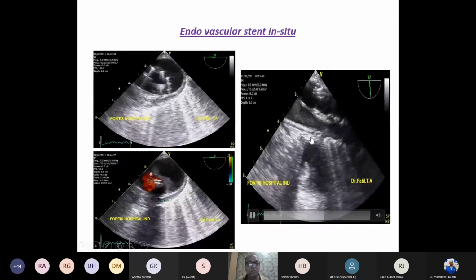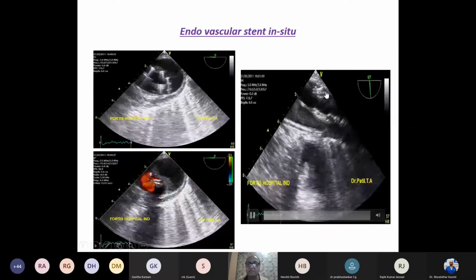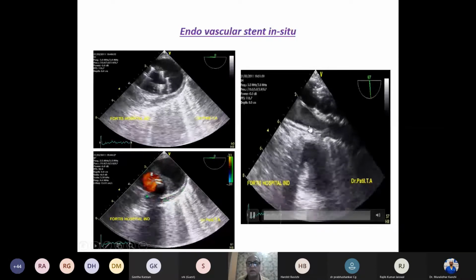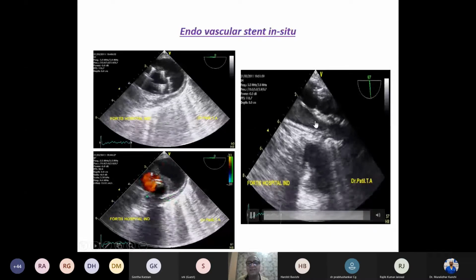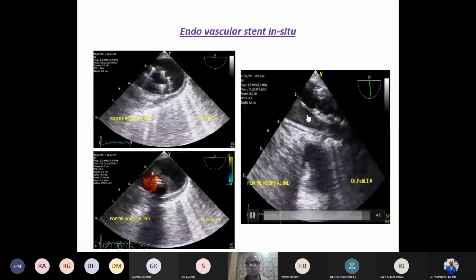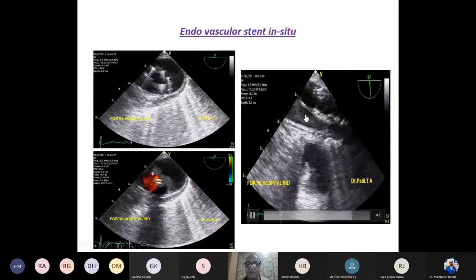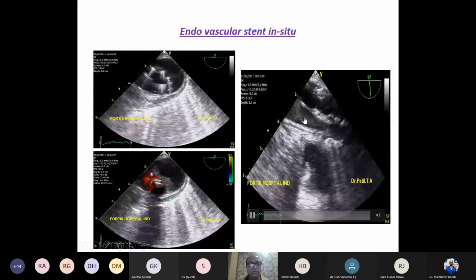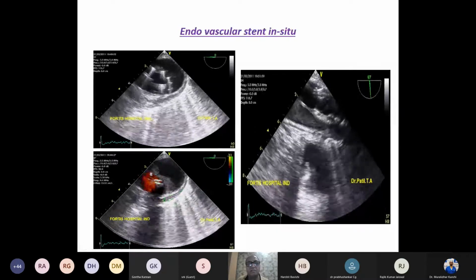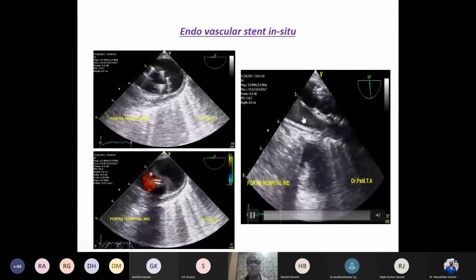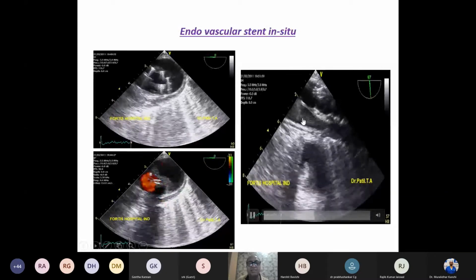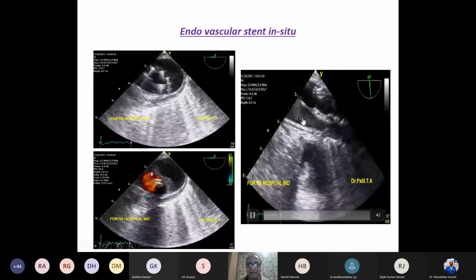Now, one point I want to make very clear here is, once the stent has been placed in the true lumen, the clot or the spontaneous echo contrast in the false lumen should not move, it should remain static. If it is still moving after endovascular stent placement, if it is not static, that means there is an endovascular leak.